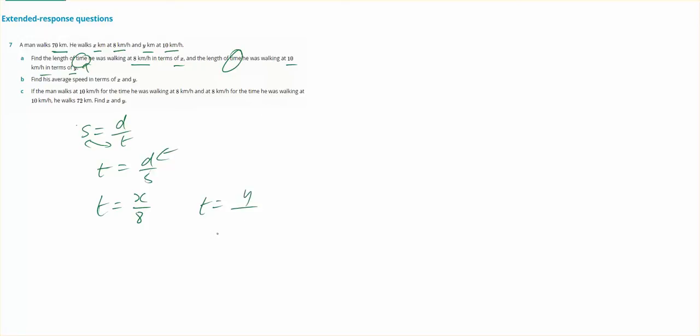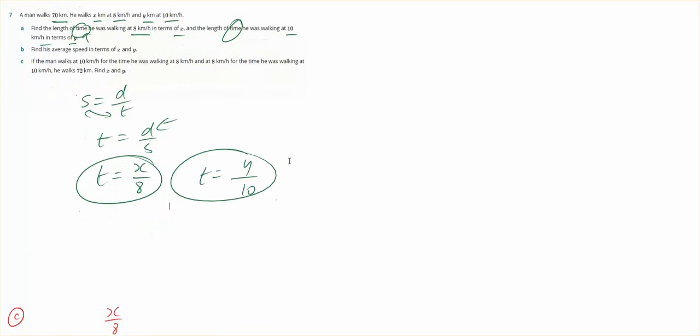We don't know what it is, we know it's y, and he's traveling at 10 kilometers per hour. So these two t's are the times, in terms of x and y, in which he actually walked those distances.